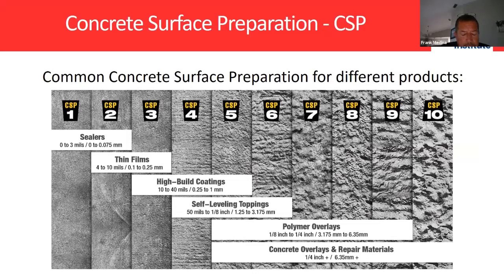Yeah, we did. We had to get a CSP, a concrete surface profile, between a 4 and a 7. What that slide showed was a CSP 6. That was surprising because I thought it would be a little bit higher, but Tremco was there.